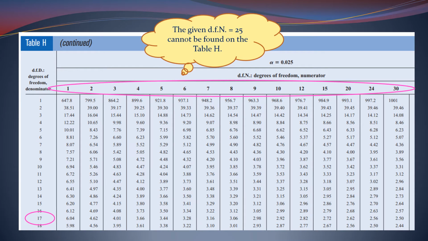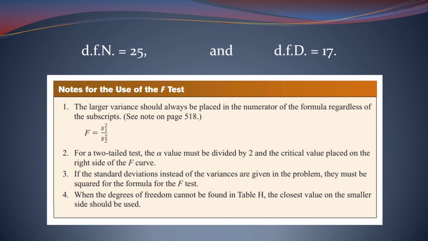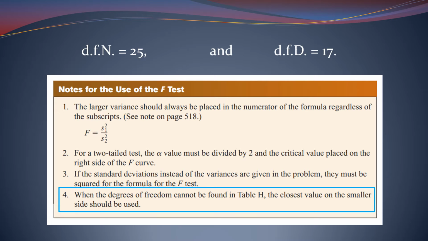However, di natin makita yung degrees of freedom numerator na 25 sa table H. Makikita nyo naman na walang 25 sa table H natin. So, anong gagawin natin kapag di natin makita yung degrees of freedom sa table H? According sa note for the use of the F-test, sa module natin, sa number 4, when the degrees of freedom cannot be found in the table H, the closest value on the smaller side should be used.